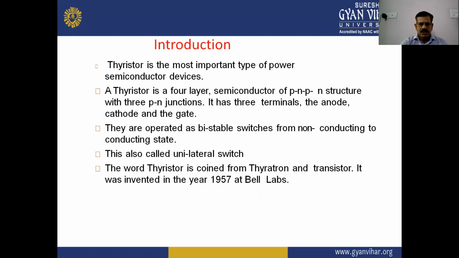So this operates as a bistable switch from non-conducting to conducting state. This is also called a unilateral switch. The word thyristor is combined from thyratron and transistor. It was invented in the year 1957 at Bell Laboratories.